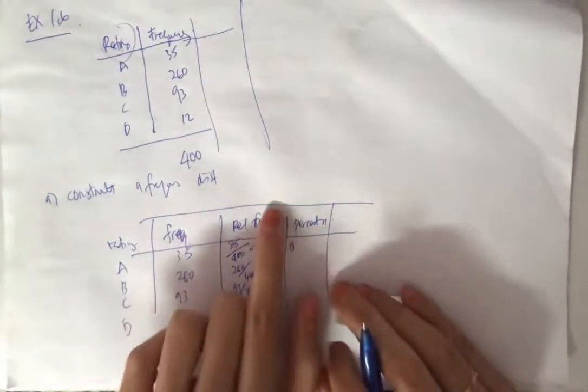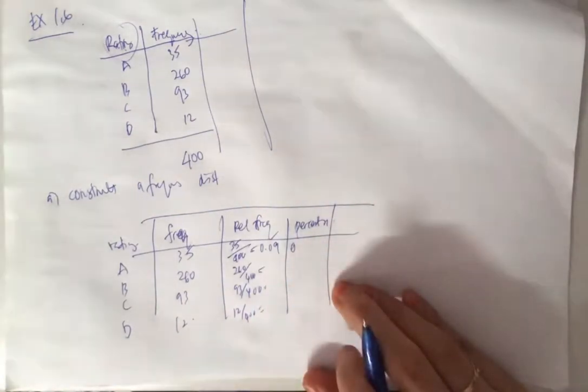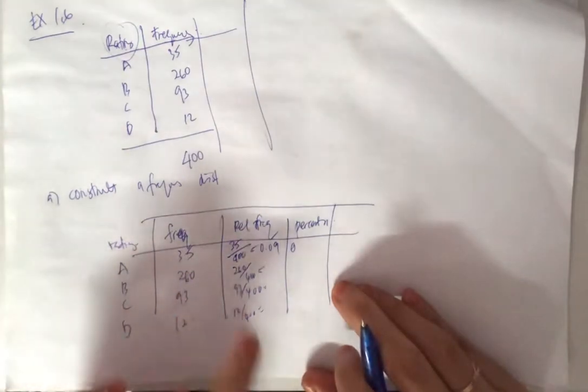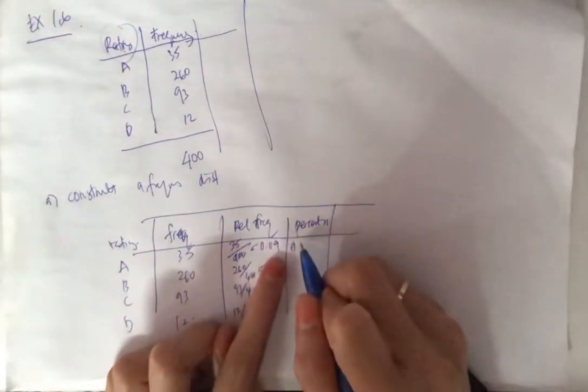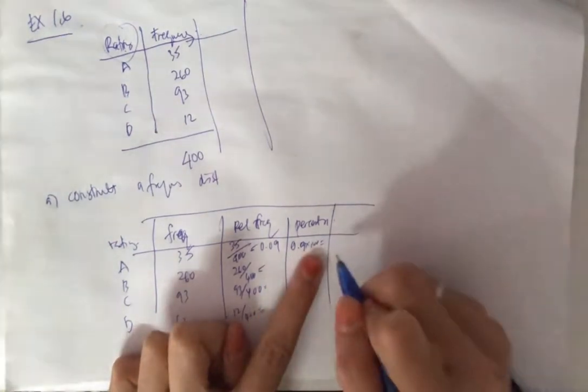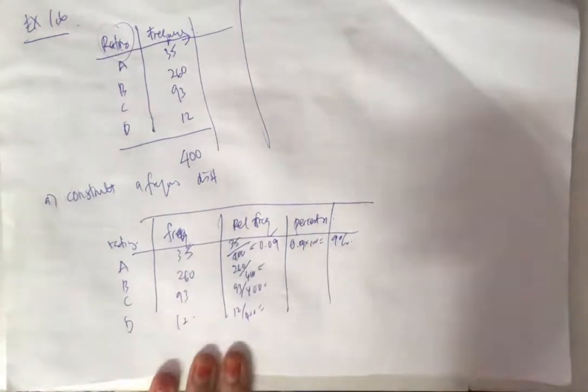After you get all the relative frequencies, now you can find the percentage. The percentage is nothing much: just multiply the relative frequency with 100. For example, for A, 0.09 multiplied by 100, so the answer will be 9%. That's it.